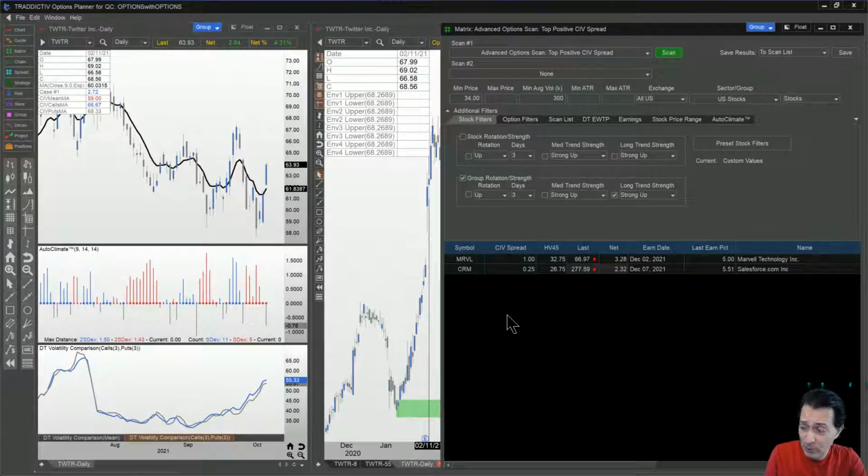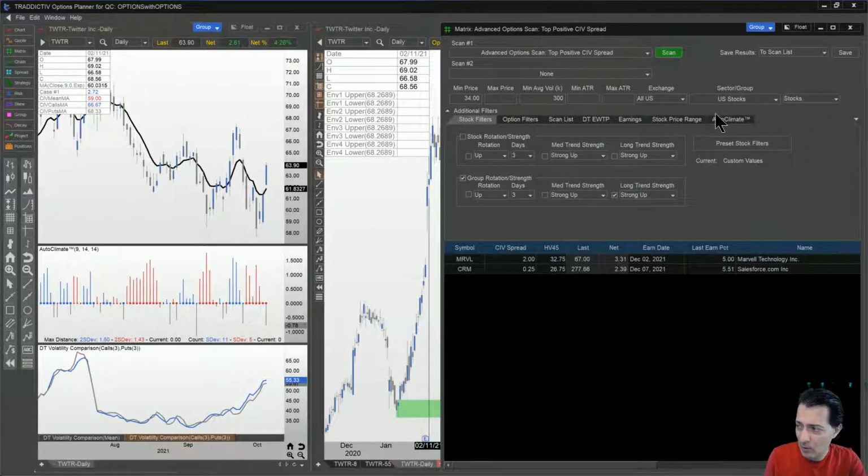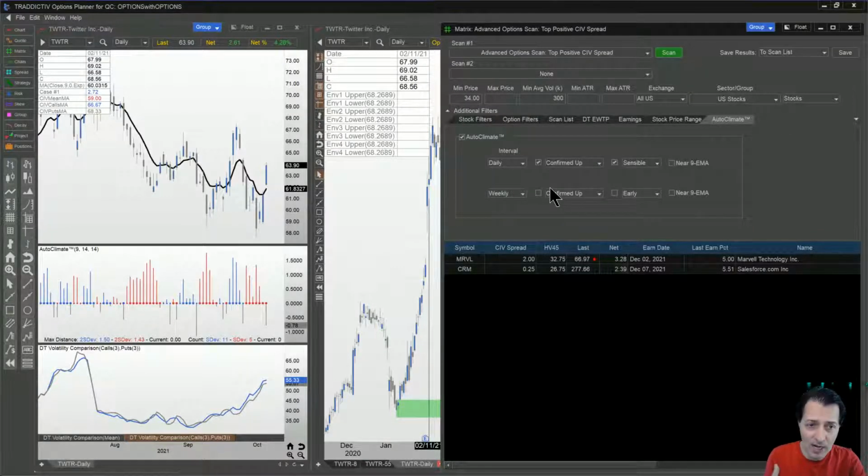That's why the intermediate term strength is still not giving us any when I filter using that check mark. Of course I need a trade, so I'm going to go for it, but we don't have much to choose from. That's why tomorrow is probably a much better day to start finding trades.